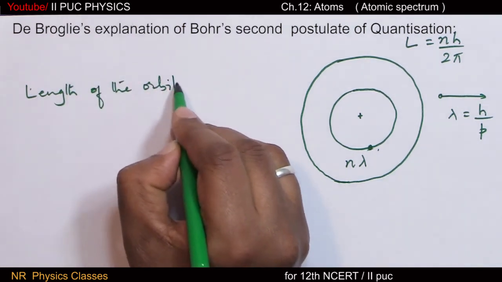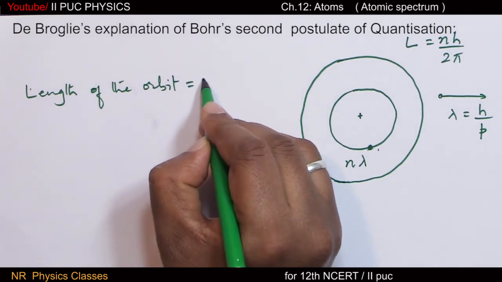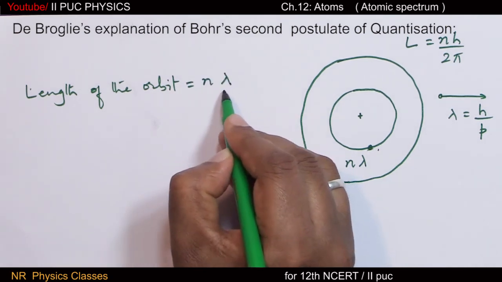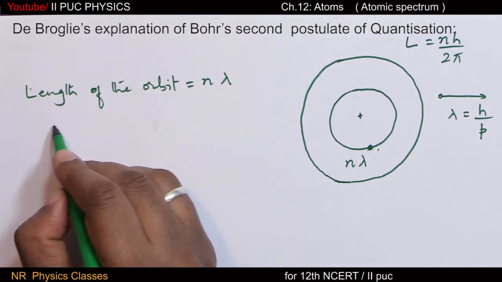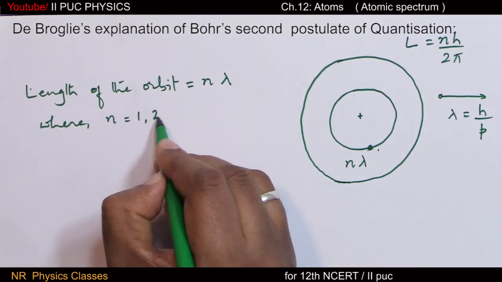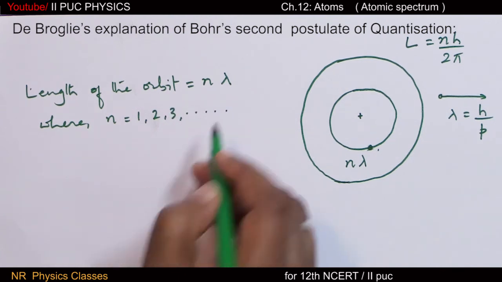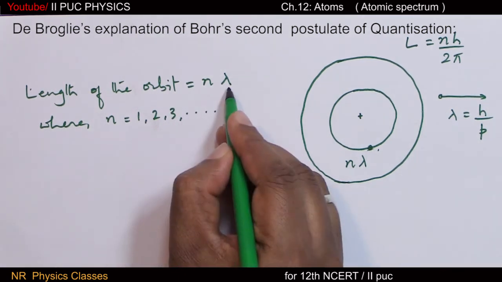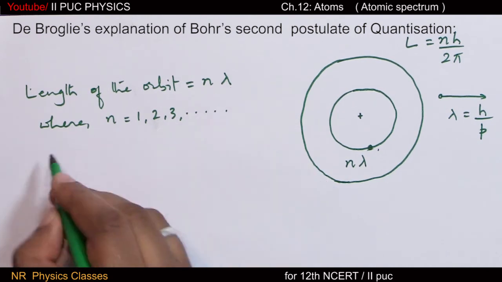Length of the orbit must be equal to n times the wavelength of electron waves, where n equal to 1, 2, 3, and lambda is not the wavelength of radiation, it is the wavelength of the electron wave.